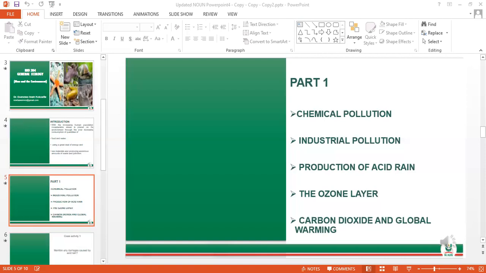Before widespread industrialization, the concentration of carbon dioxide in the atmosphere was approximately 260 to 280 parts per million. But since the extensive use of fossil fuel to operate industries, aircraft, vehicles, and the rest, the amount of carbon dioxide released has increased rapidly.